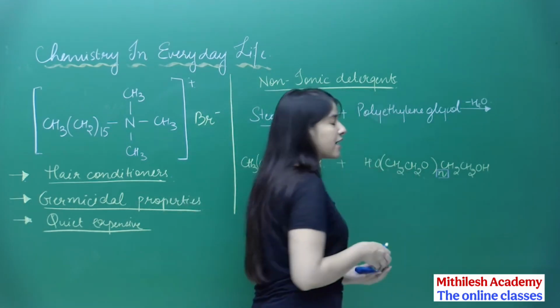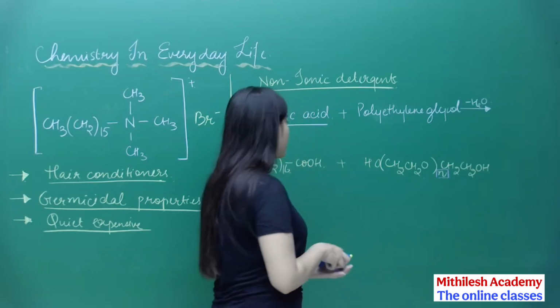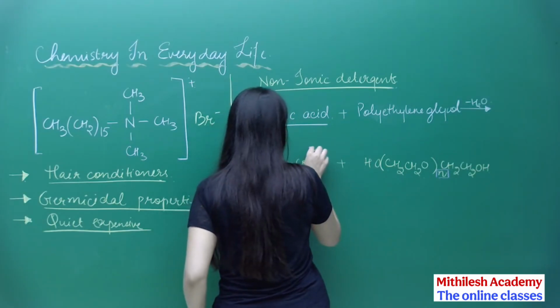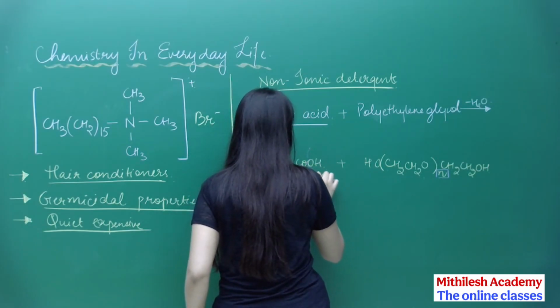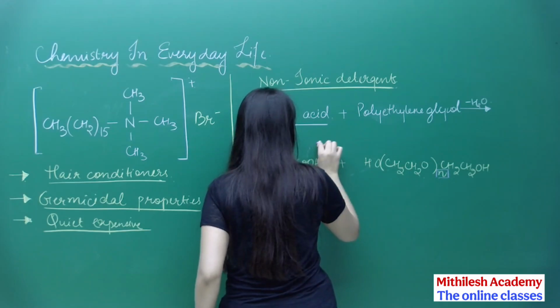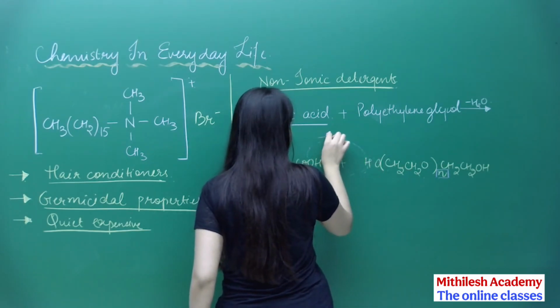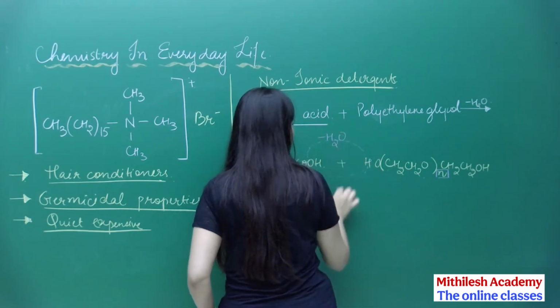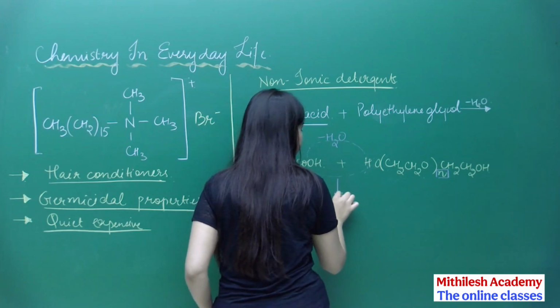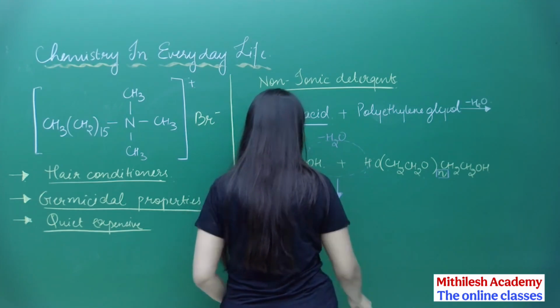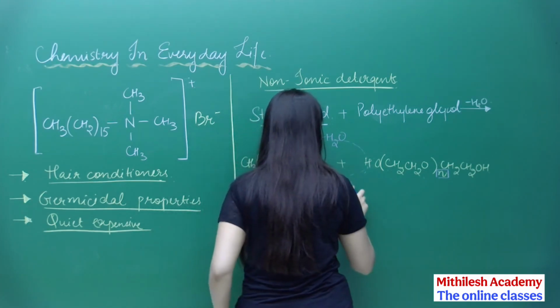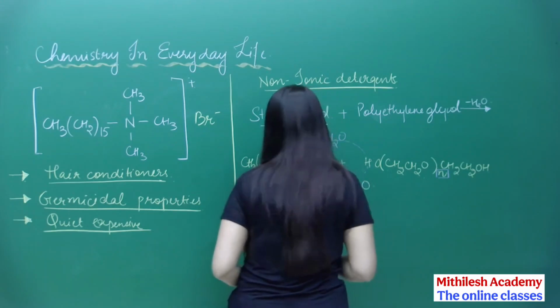Now I need to have a condensation reaction, the removal of water. So let's just remove the water, minus H2O. And what do we have over here? The resultant product. What do we get?